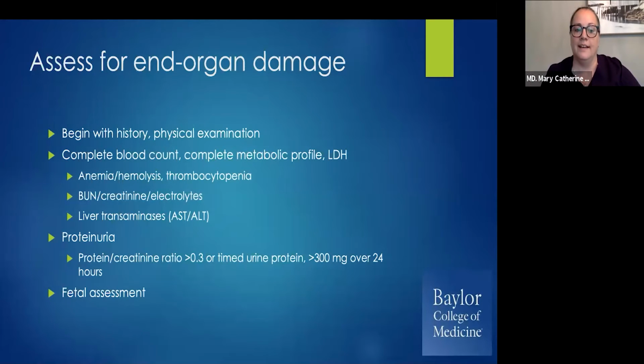As in everything in medicine, a good assessment always starts with a thorough history and physical exam. But when a woman presents, for example, with hypertension, which oftentimes can be asymptomatic, some of the routine laboratory studies that we'll get are complete blood count, complete metabolic profile, and LDH, or lactate dehydrogenase.